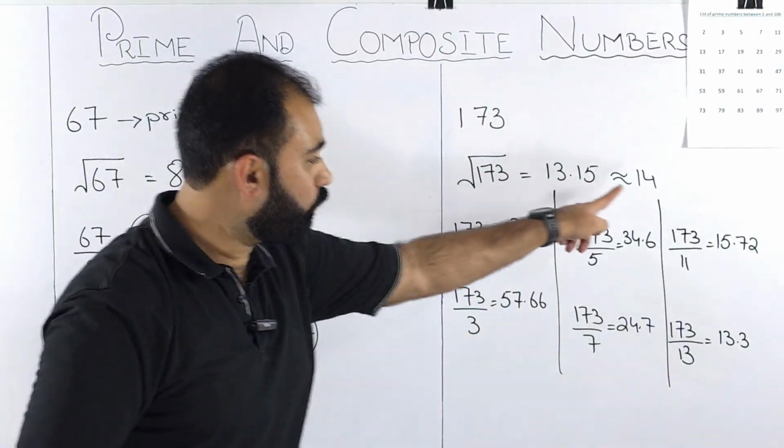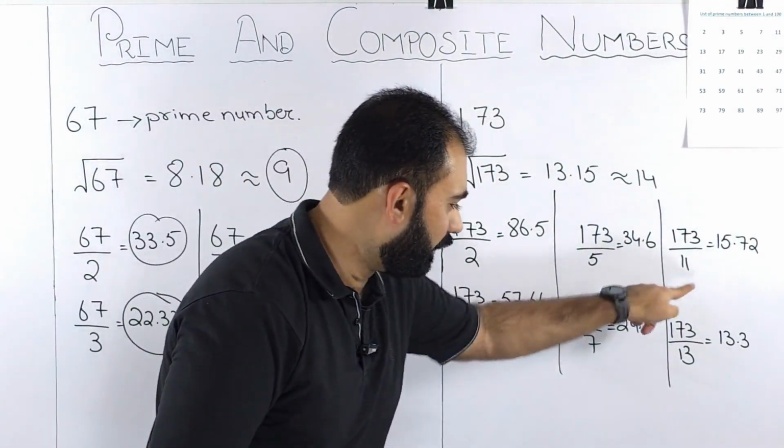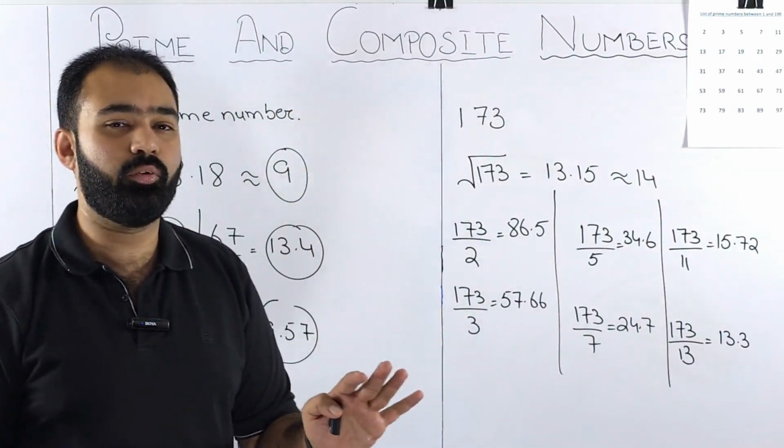Now as you can see, from 2 to 14 जितने भी प्राइम नंबर्स थे 2, 3, 5, 7, 11 and 13, हमें 3, 4, 6 इनसे ट्राई करने की जरूरत ही नहीं है. We don't have to do that.